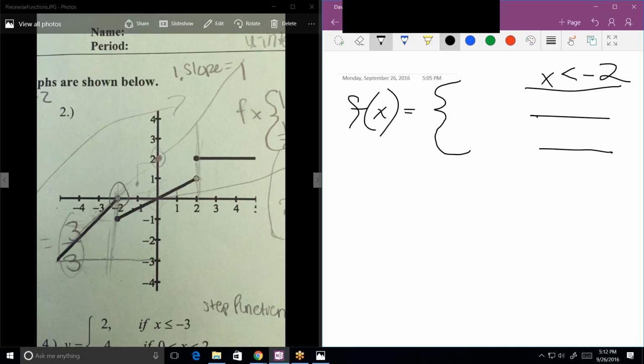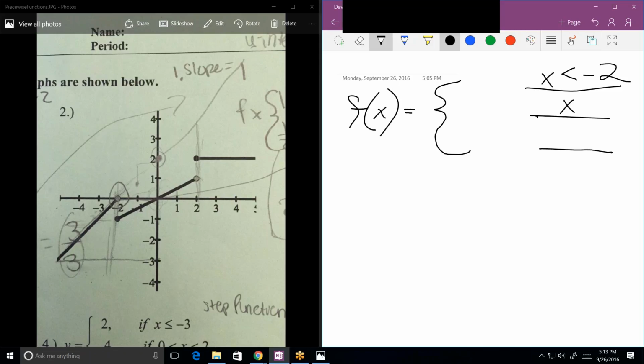Now, before we write the function for that, let's look at the second domain. I want you to get in the habit of focusing more on the domain than the function for a little bit. What's the domain of the middle one?